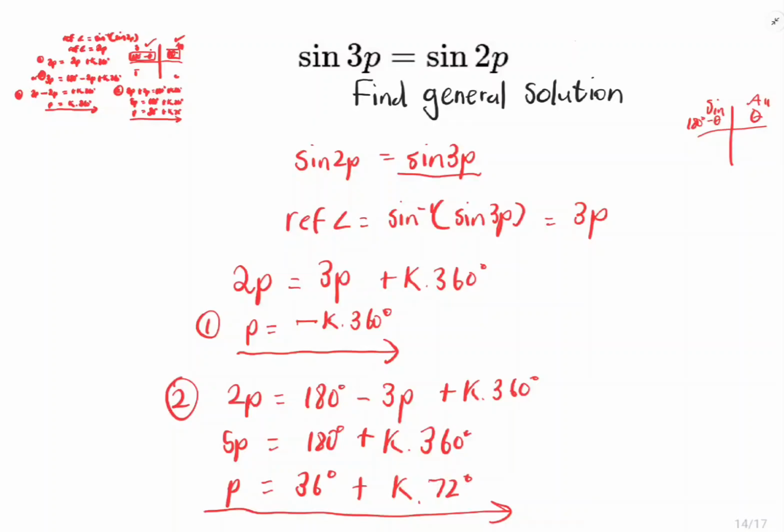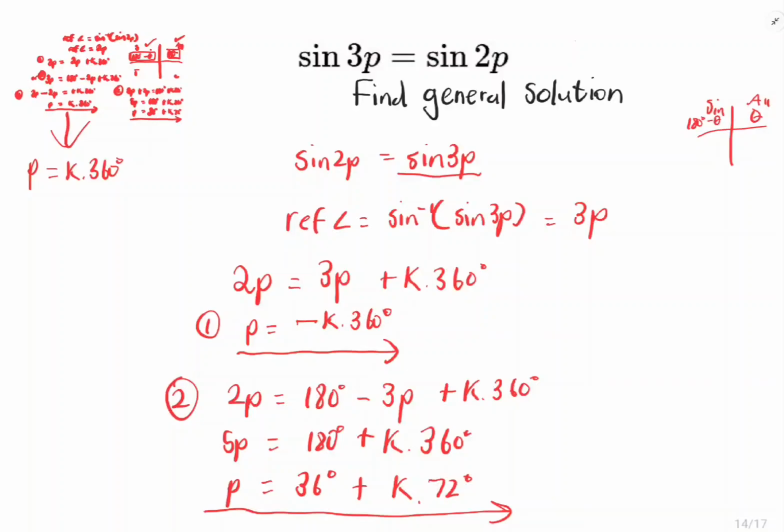So as you can see, we kind of got the same thing, but let me rewrite this a little bit bigger. For when we made 3p the subject of formula, we got k dot 360. When we make 2p the subject of formula, we got minus k dot 360, whereas the other two are correct.